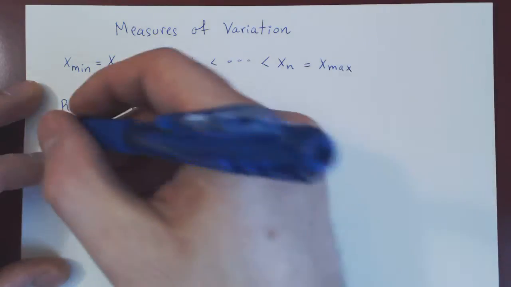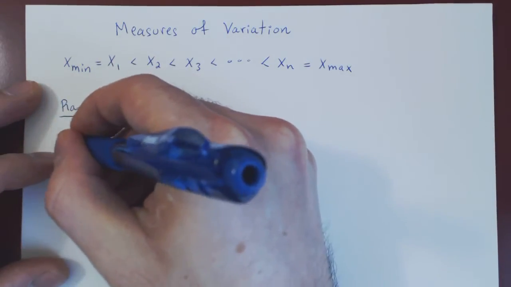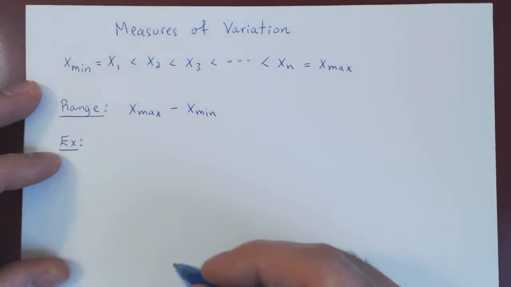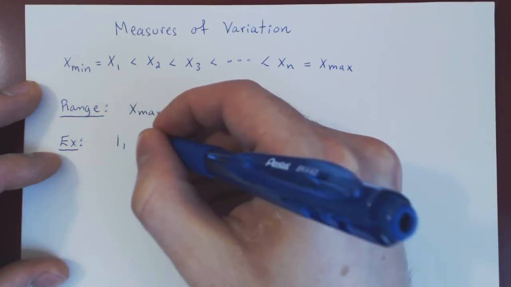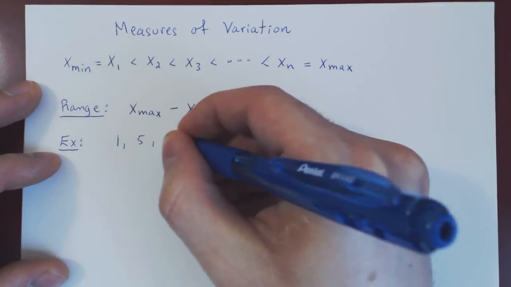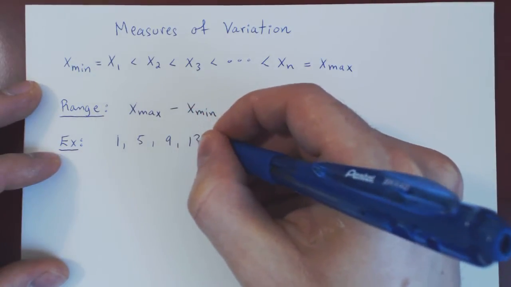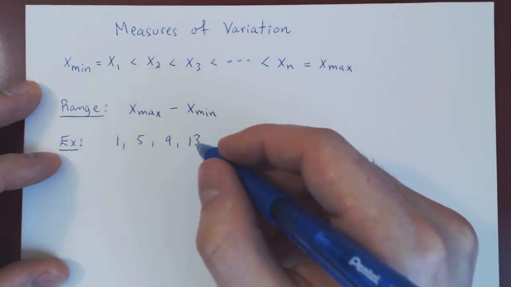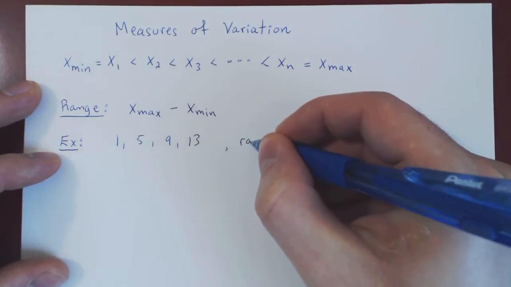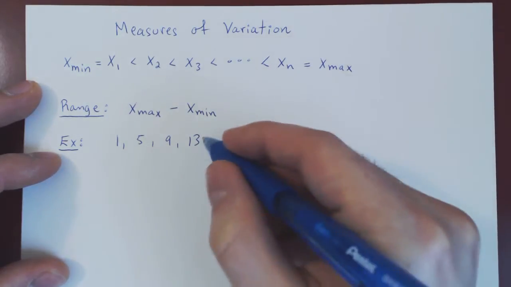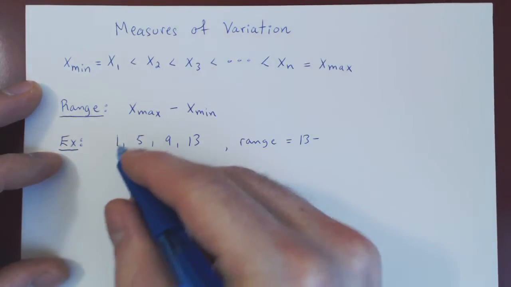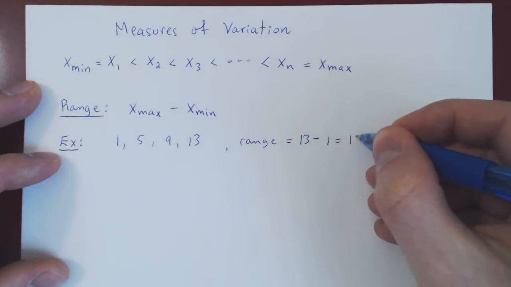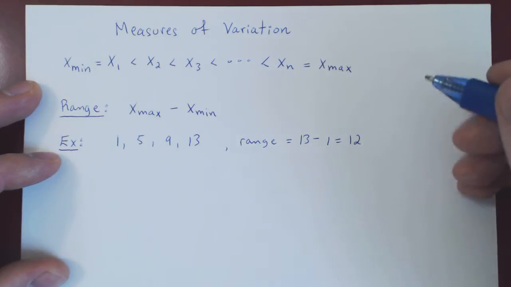Let's consider 2 simple examples, and then we'll ask the question, why is this not so useful? Suppose that the first set was 1, 5, 9, 13. Well, then our range is the largest value, 13, minus the smallest value, which is 1, which gives us a range of 12. Simple as that.